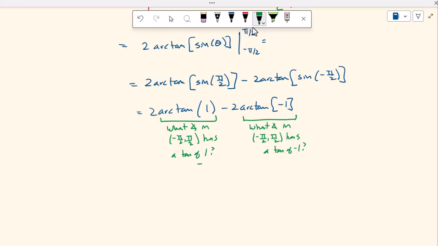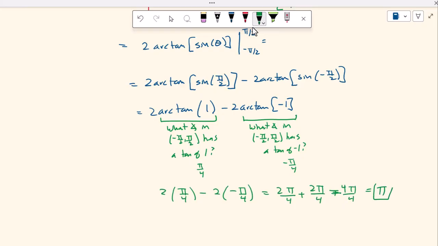So for this one that would be pi over 4. For this one that would be negative pi over 4. Okay, so that would be 2 times pi over 4 minus 2 times a negative pi over 4. So this would be 2 pi over 4 plus 2 pi over 4 is 4 pi over 4, which reduces to pi. So all of that describes pi.